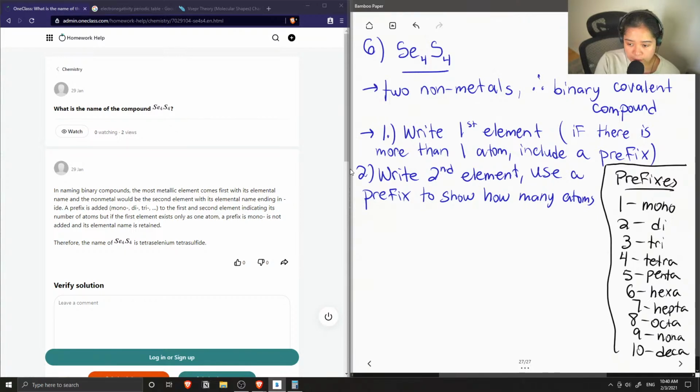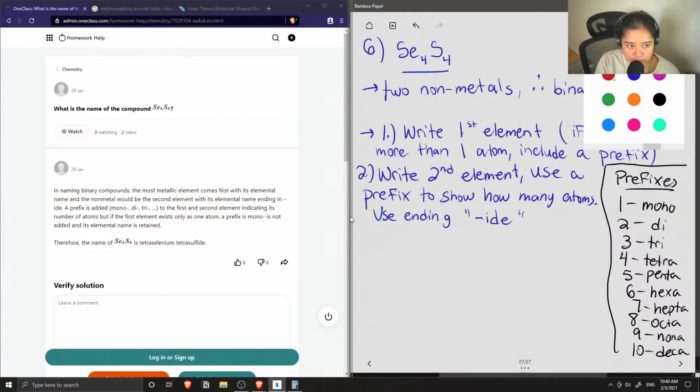And also when writing the second element, we would use the ending "-ide" when writing out the name.